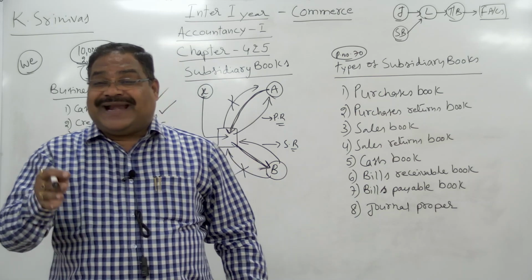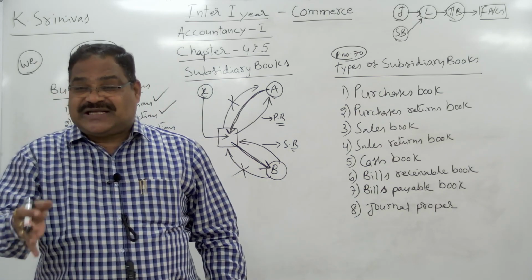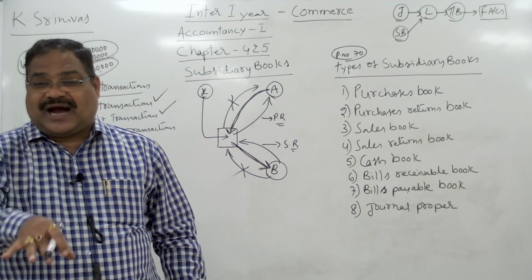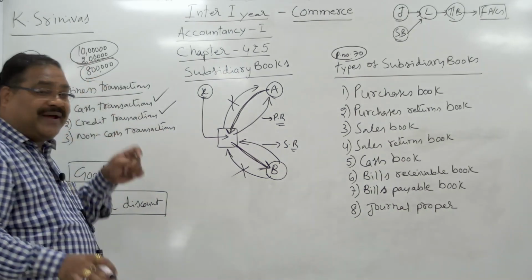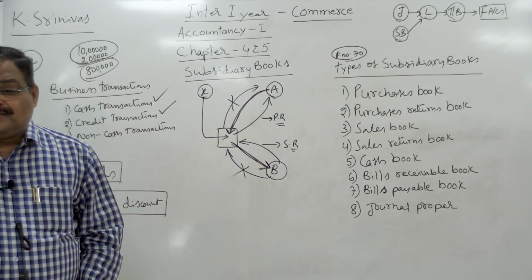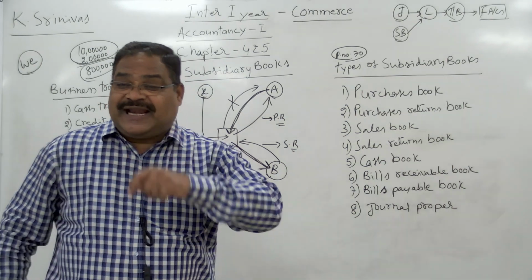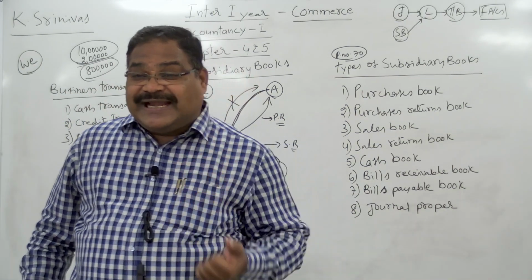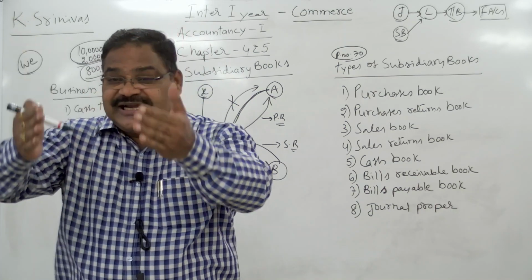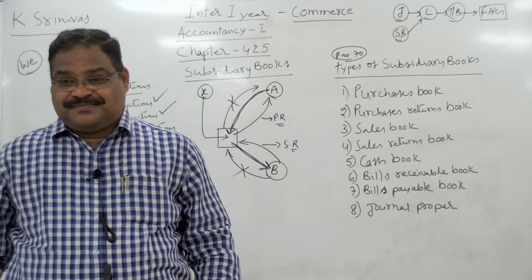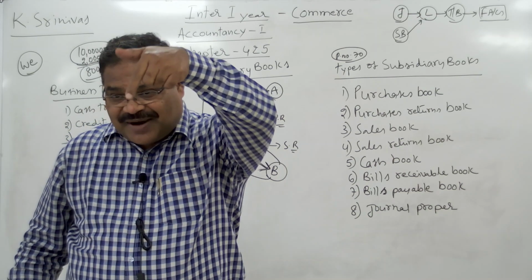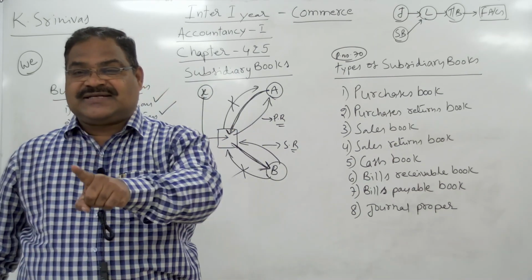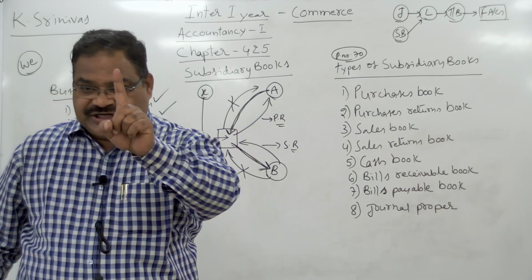The written down value of that particular car is now 8 lakhs. Now my question is, we have spent rupees 10 lakhs, but now the value of the car is 8 lakhs. The value of the asset has gone down. Whatever amount has come down is called depreciation.